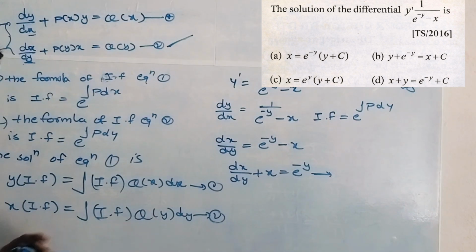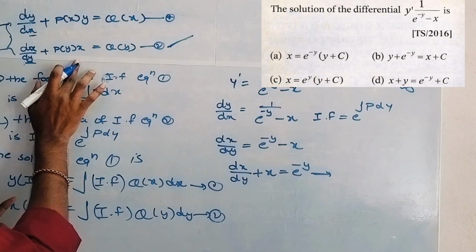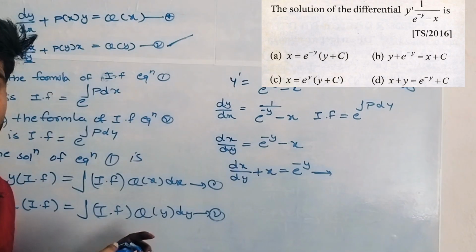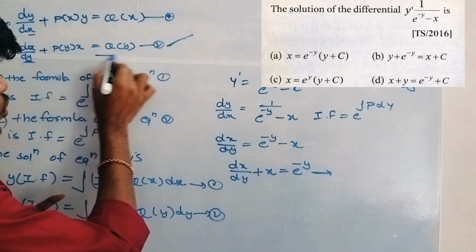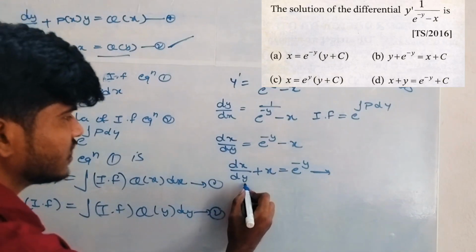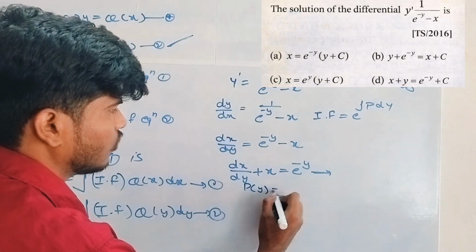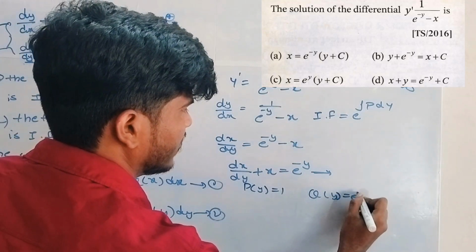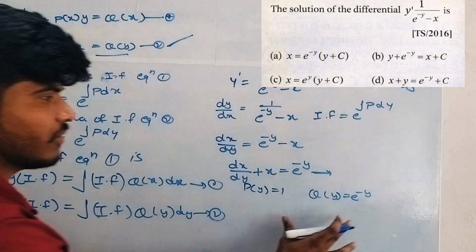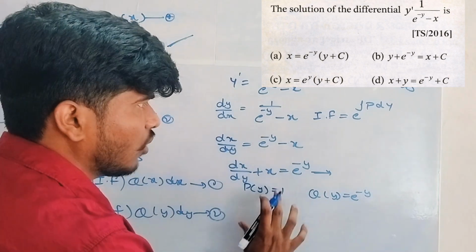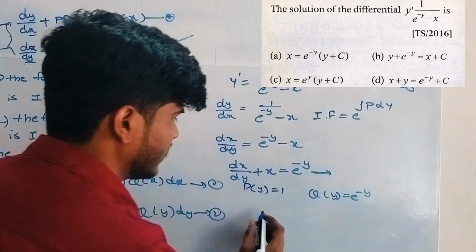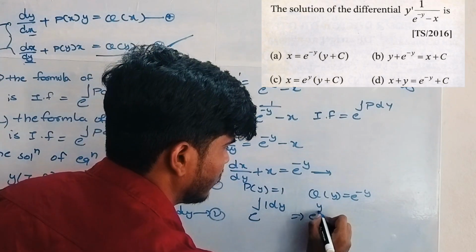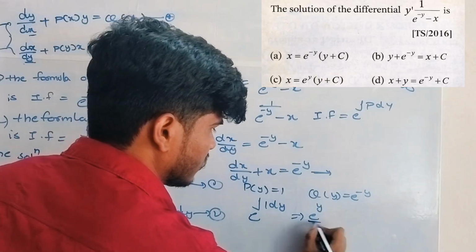Comparing equation number 2 with this differential equation, the value of p of y is 1 and q of y is e power minus y. Now the integrating factor is e power integral 1 dy, which equals e power y.